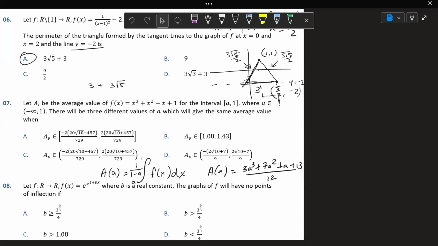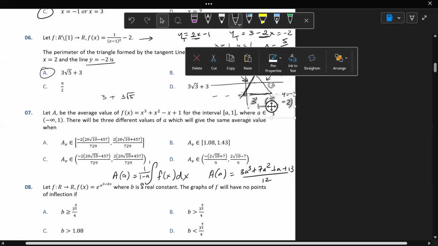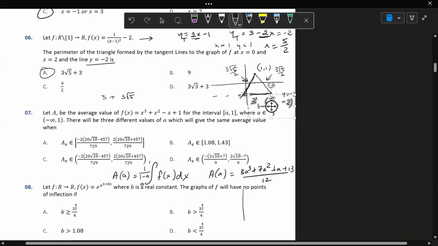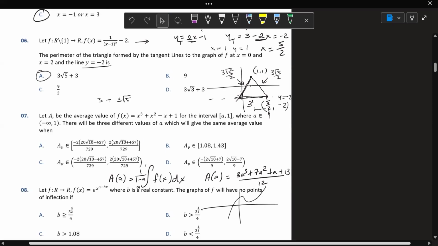And the quick and easy way you can do this is graph it, and you get a function that just looks something like this.